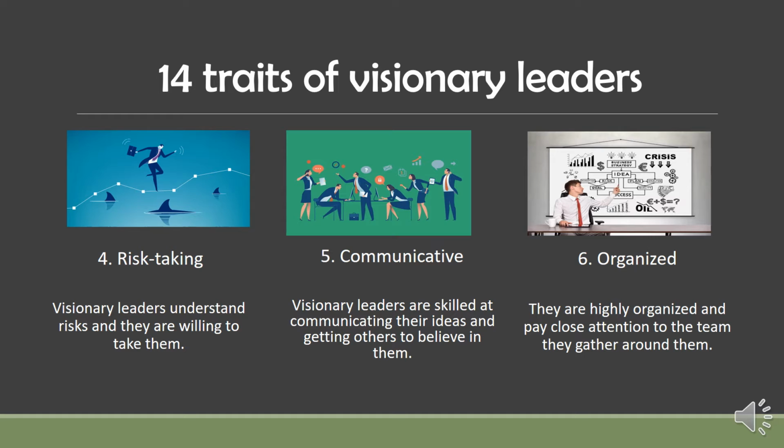Sixth is organized. They are highly organized and pay close attention to the team they gather around them. Visionary leaders are highly involved in system analysis to determine who should be doing what, who should be doing it when, and who should be doing the how.